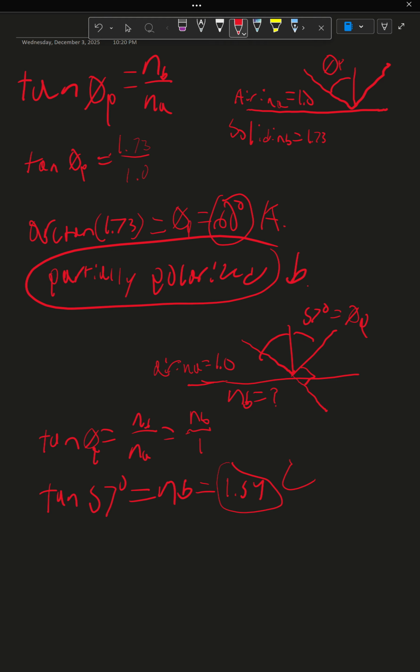Let's put a line down here, the perpendicular line to the surface where they meet. If we add up all these angles together, it equals 180 degrees: theta p, the angle of reflection, plus the 90 degrees, plus whatever the refracted angle is.